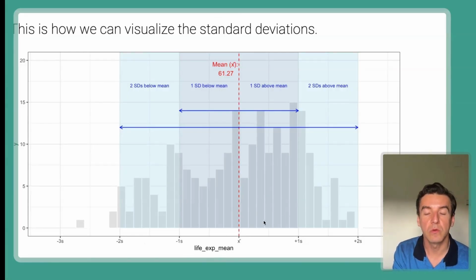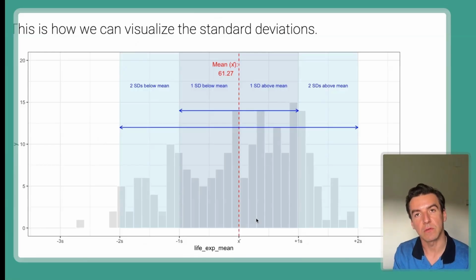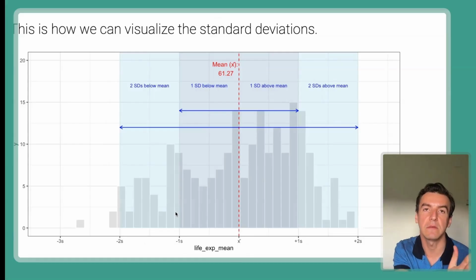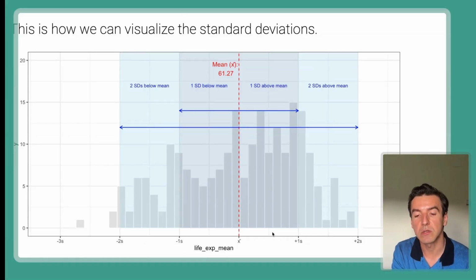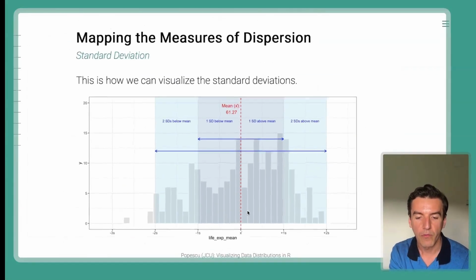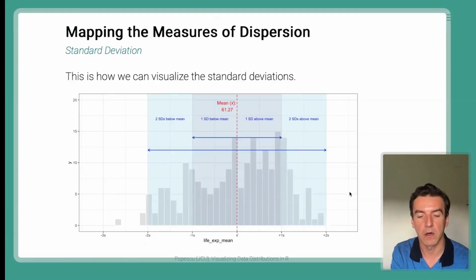This also is one standard deviation away from the mean in a positive direction. This whole section here is two standard deviations away from the mean, whereas this section here represents two standard deviations also away from the mean, but in a positive direction. Hopefully you find this graph informative and helpful.